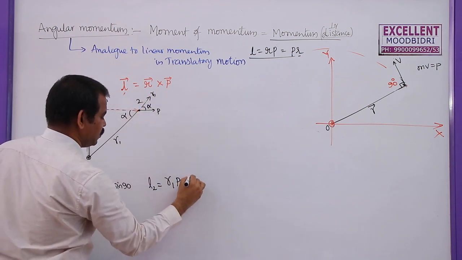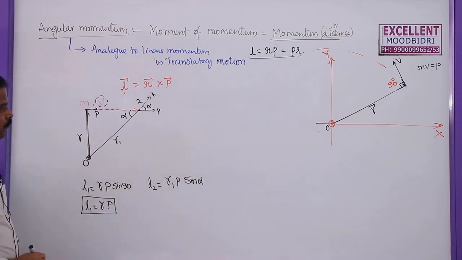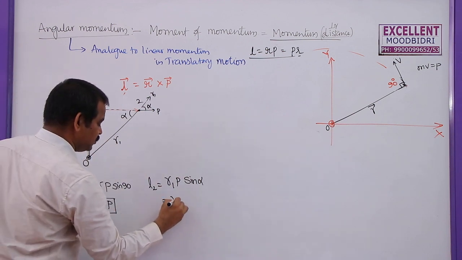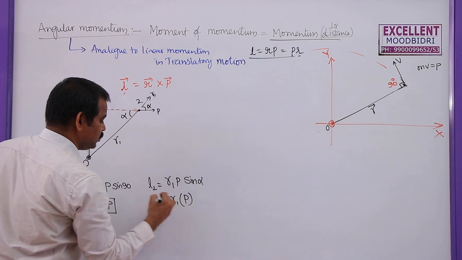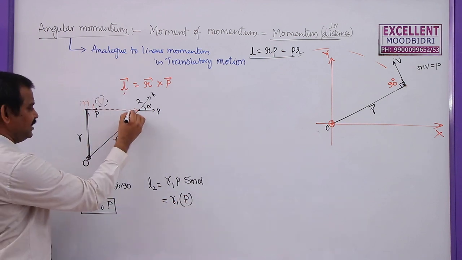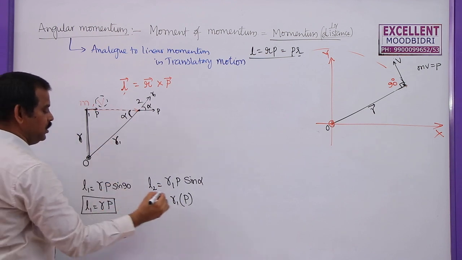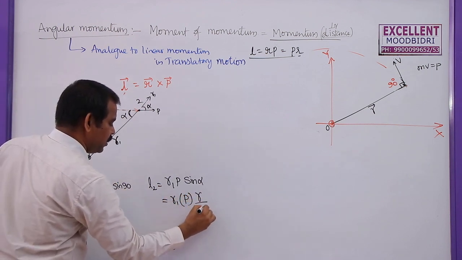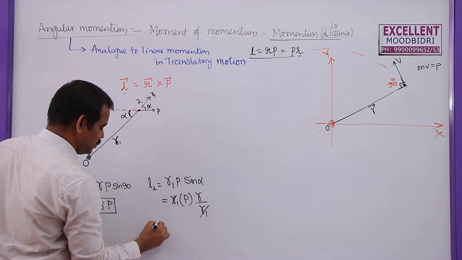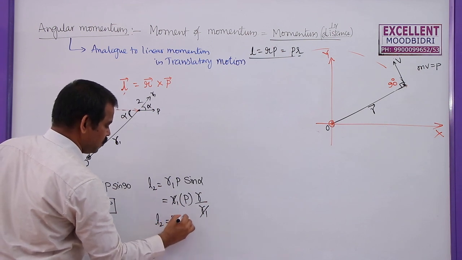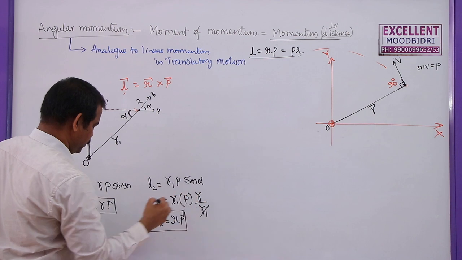So I have to write r1 p sine alpha. But you can write this as r1, momentum is not changing. What is sine alpha here? Sine alpha is given by opposite side by hypotenuse, which is r by r1. Here r1 gets cancelled. L2 is once again equal to rp only, or pr.